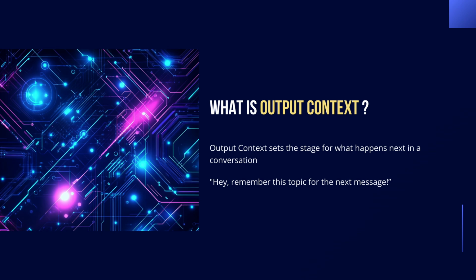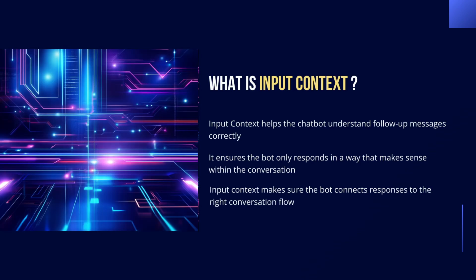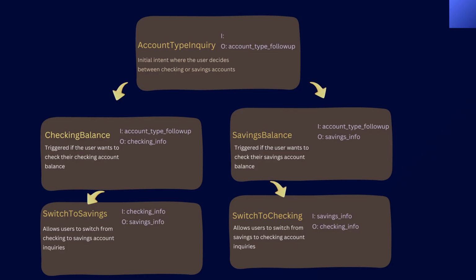When a user interacts with a chatbot, their response can include output context, which means, "Hey, remember this topic for the next message." That's pretty much what the output context is. And what is an input context? Input context helps the chatbot understand follow-up messages correctly.